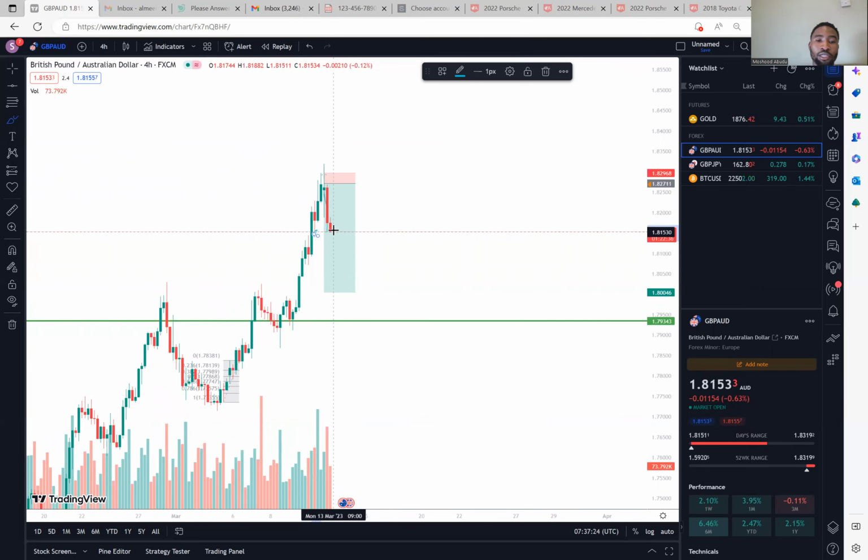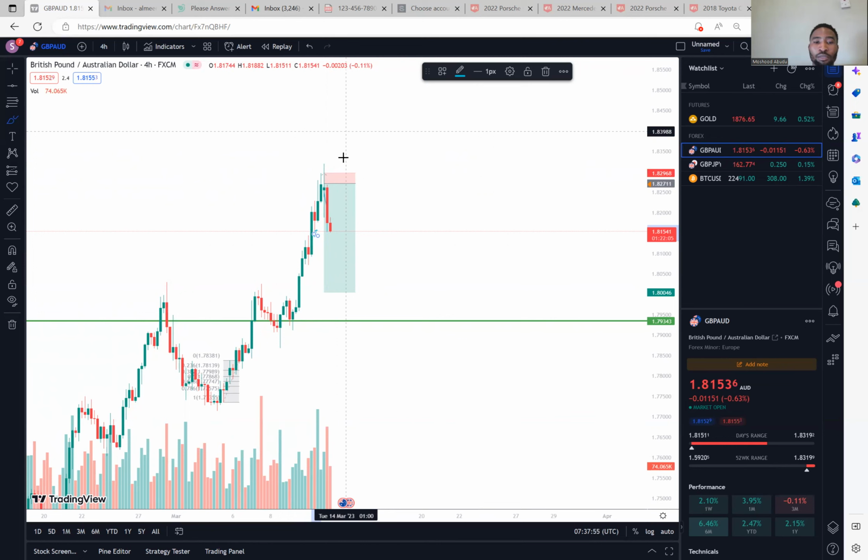At the end of the day, the candle will end up closing around this area. It's a two thing, right? So we're gonna be watchful of what is gonna happen today or this morning, whether GBPAUD is gonna drop to about 1.8112 or we're gonna see it reject and continue the uptrend.